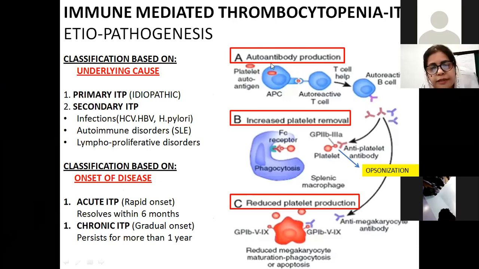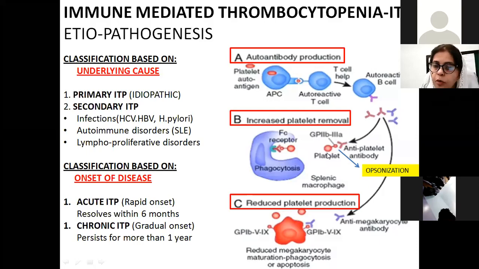That is, the immune system of a person's body undergoes changes and fails to recognize its own platelets, but considers them a foreign object. So there is B cell activation, formation of antibodies directed against the glycoprotein 2B3A, which is the receptor present on the platelets. And these antibodies coat this receptor through the process of opsonization.